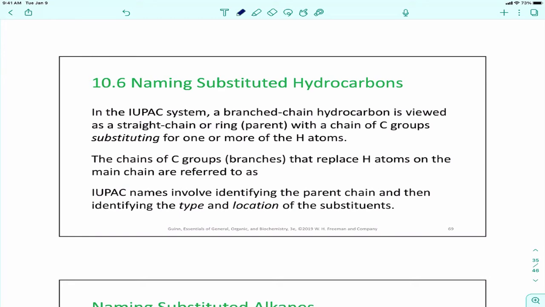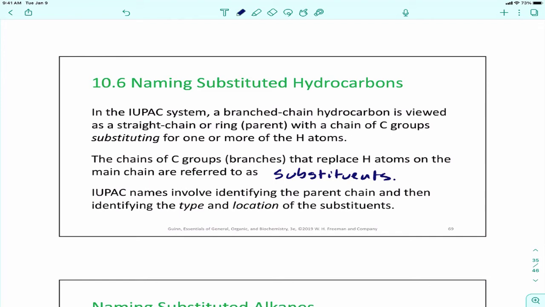So here we go. In the IUPAC system, a branched chain hydrocarbon is viewed as a straight chain or ring parent with a chain of carbon groups substituting for 1 or more hydrogen atoms. The chains of carbon groups that replace the hydrogen atoms on the main chain are referred to as substituents.